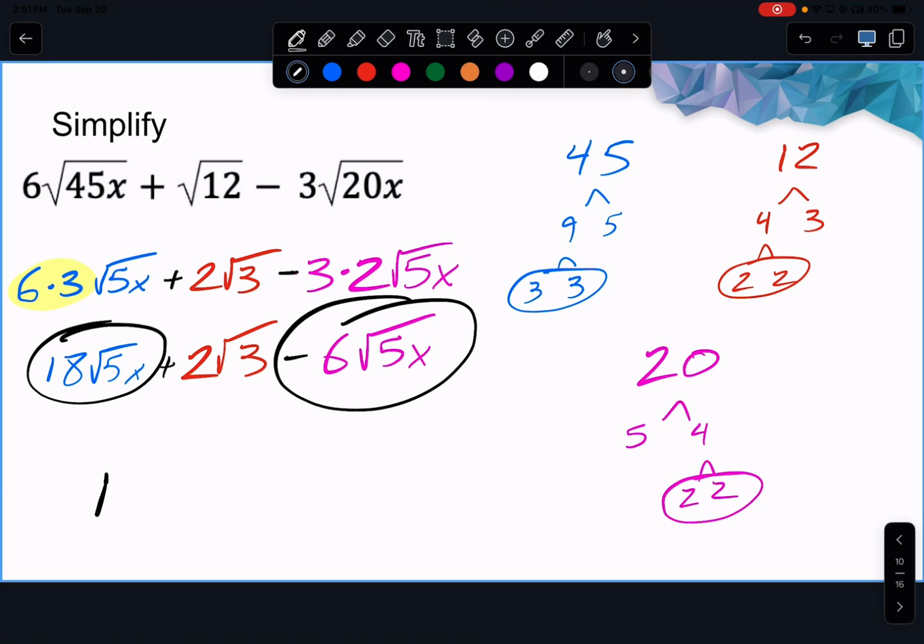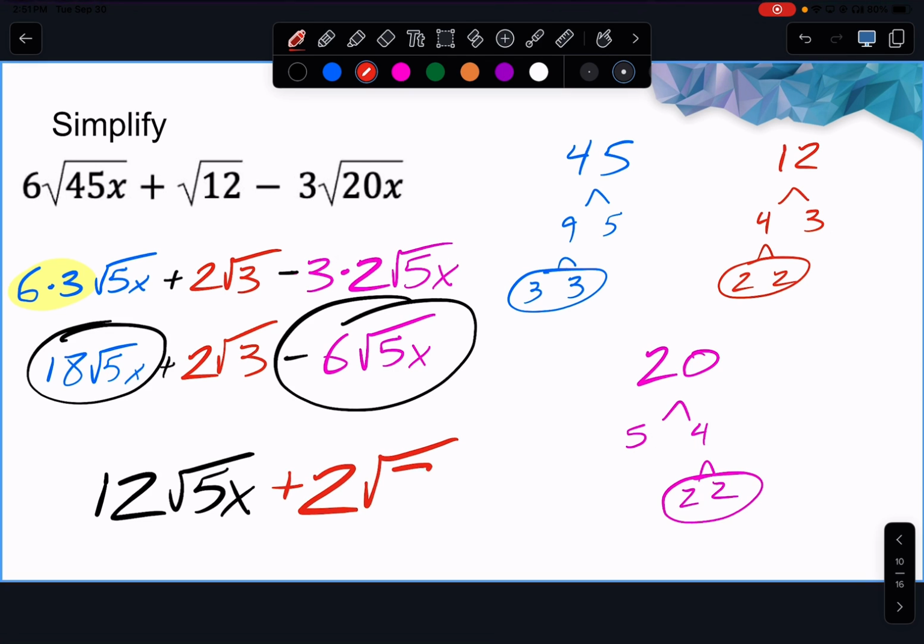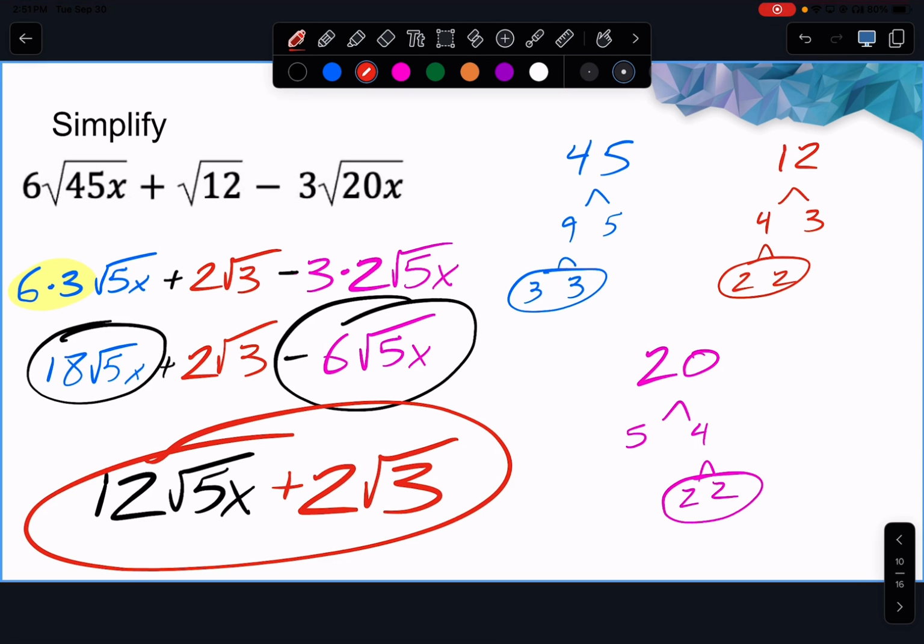So that's going to be 12 times the square root of 5x. And then the 2 square root of 3 stays the same because there's nothing to combine it with. Any questions on that?